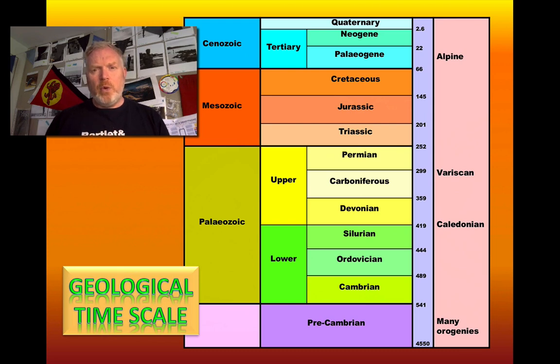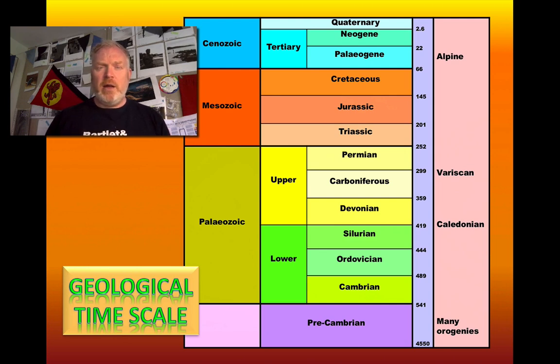Now, when we're looking at these orogenies, we can see different effects on the geology of Britain, depending on where the plate boundary was. So the Caledonian orogeny is the one that's had the biggest impact on Britain's geology, because Britain was right on the plate boundary.